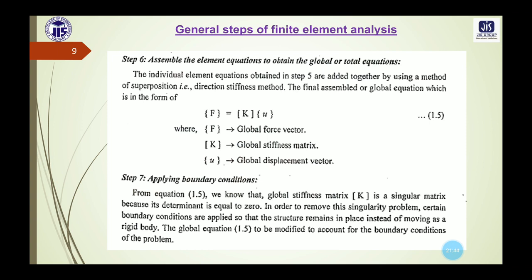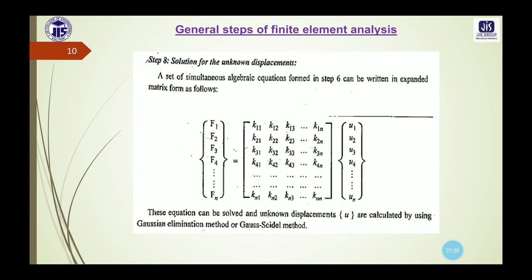In order to remove this singularity problem, certain boundary conditions are applied so that the structure remains in place instead of moving as a rigid body, and the global equation is modified to account for the boundary conditions of the problem. So in step 7 we need to apply the boundary conditions.